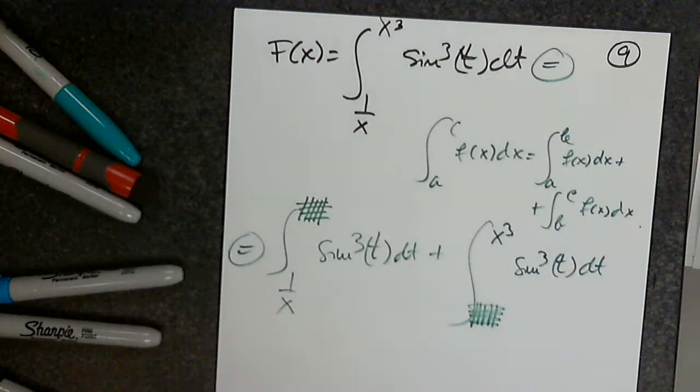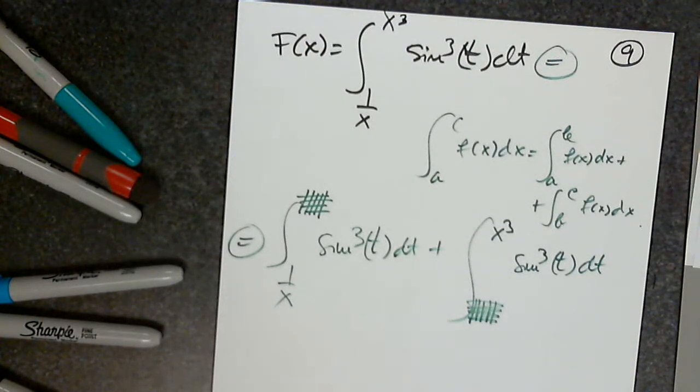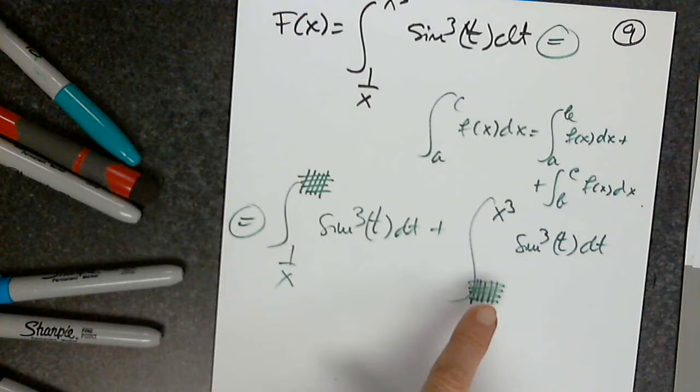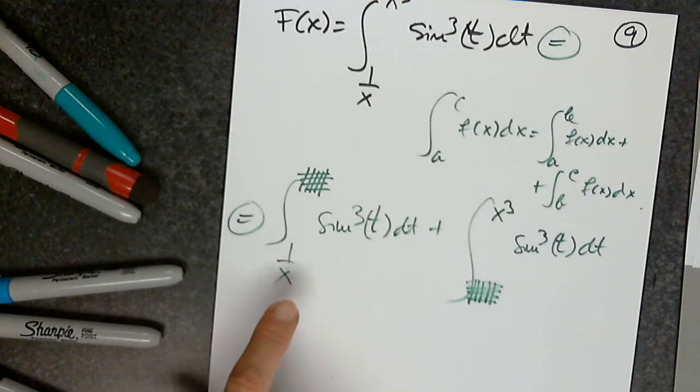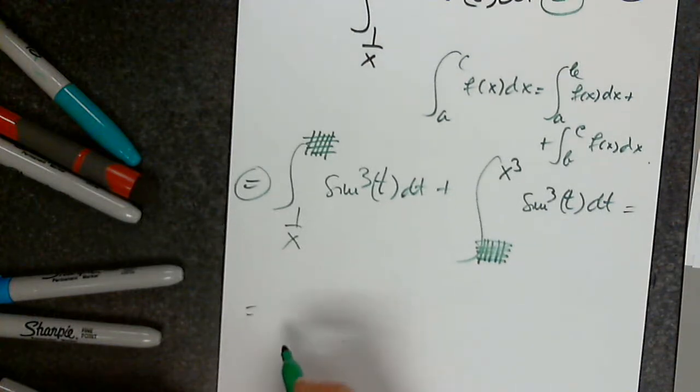You can put literally any number you want. You can put 0, you can put 1, whatever you want. I don't even bother with it. So this will be okay. But this one needs one more step. What do I do to this one to make it ready? Swap the limits, right?